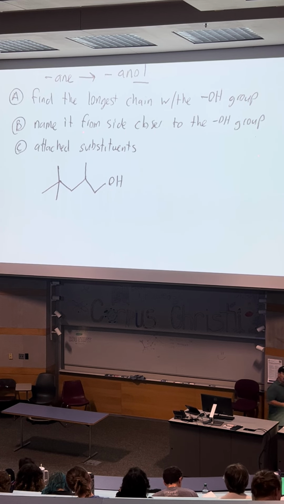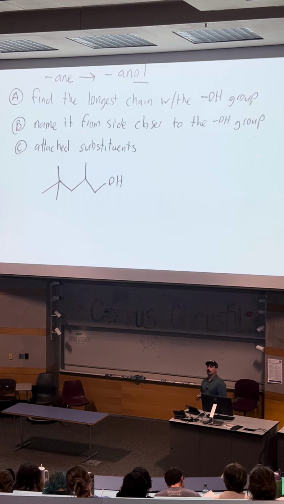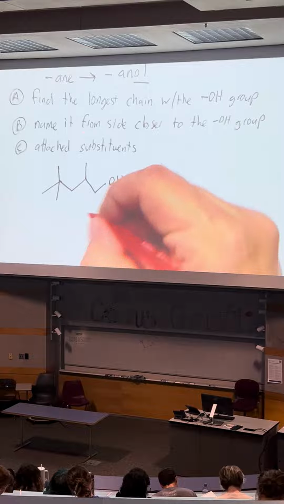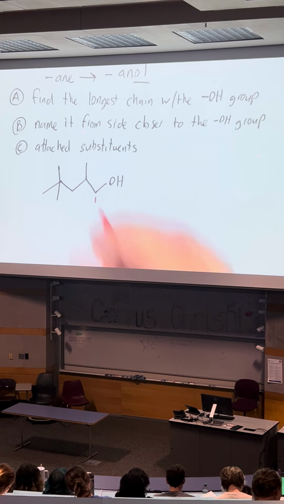How many carbons is the longest chain in this example? 5. Are we going to number this left to right or right to left? Right to left. Yeah. This is going to be carbon 1 right here, the carbon directly attached to the hydroxyl group.